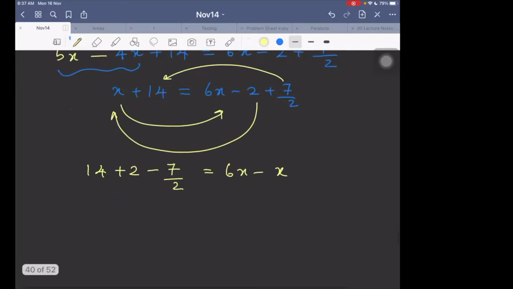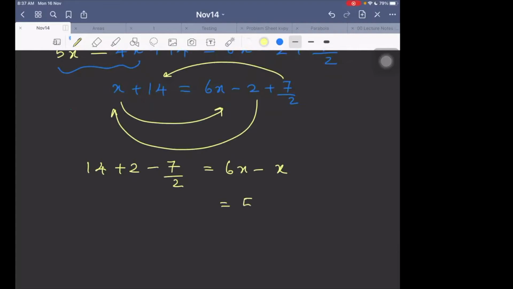So this 6x minus x is going to be 5x. This is going to be 16 minus 7 by 2. Why? I added these two terms.